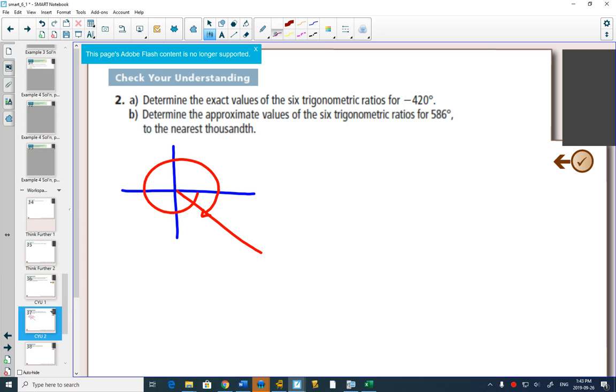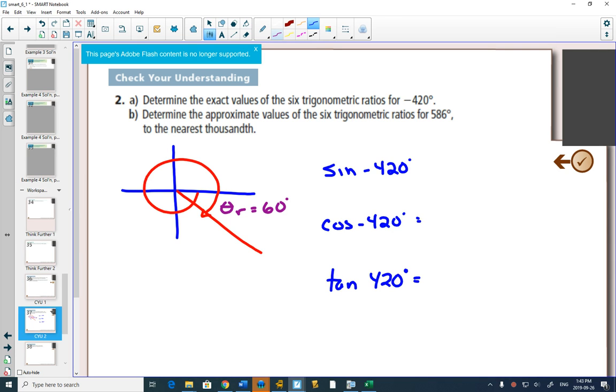So you would know that your reference angle is 60 degrees. And since 60 degrees is on our pie plate, we know what sine, cos, and tan of negative 420 degrees are right from our pie plate.